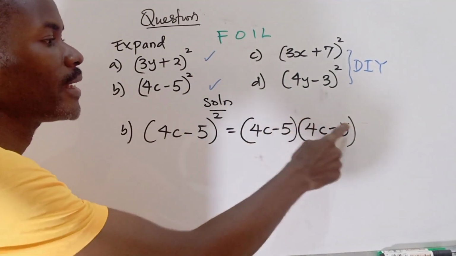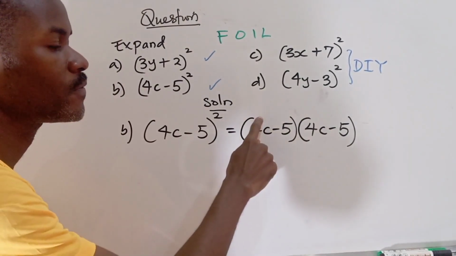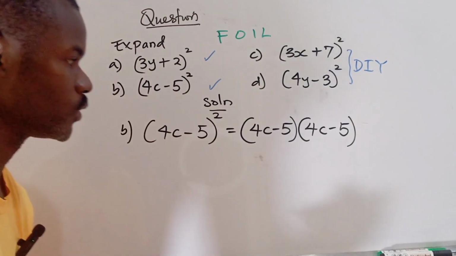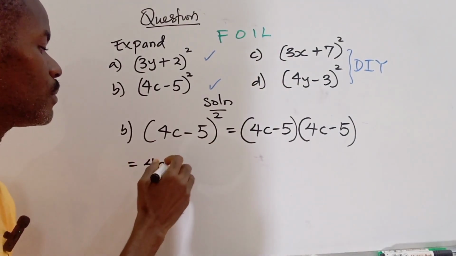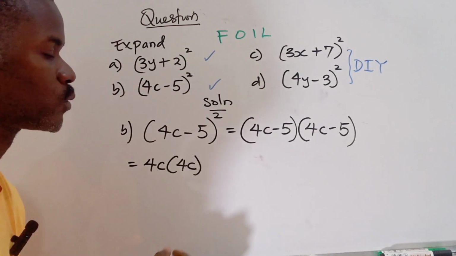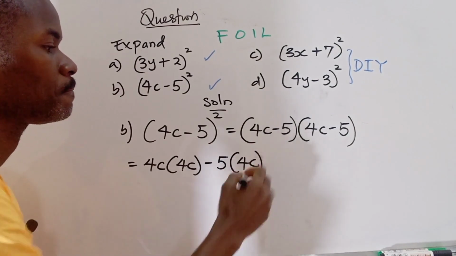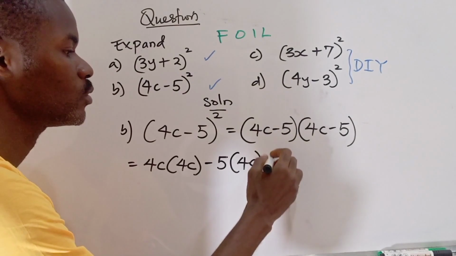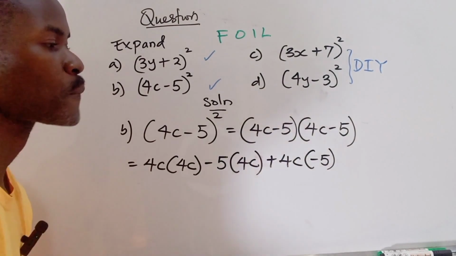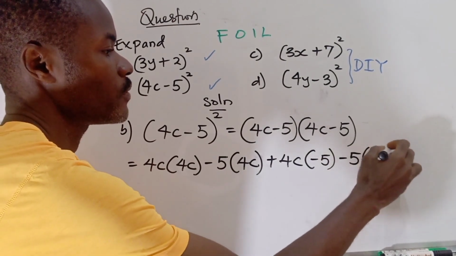First: 4c multiplied by 4c. Step 2: minus 5 multiplied by 4c. The next step is plus 4c multiplied by minus 5. The last step is minus 5 multiplied by minus 5.